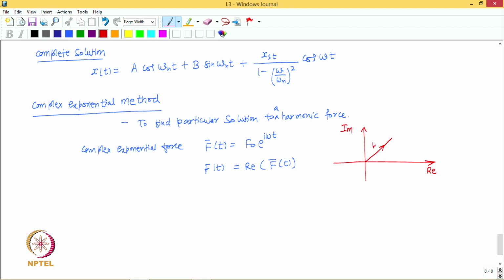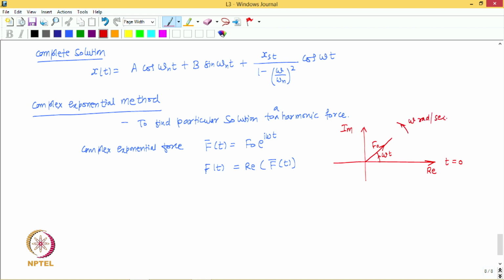If the length of this vector is F naught, and if the x axis is taken to represent time t equal to 0, that is, time t equal to 0 is assumed to coincide with the x axis, then this angle would be nothing but omega t, if this vector rotates with an angular velocity omega radians per second.